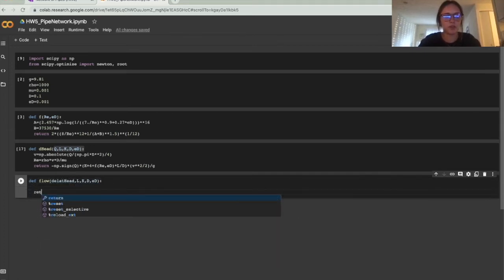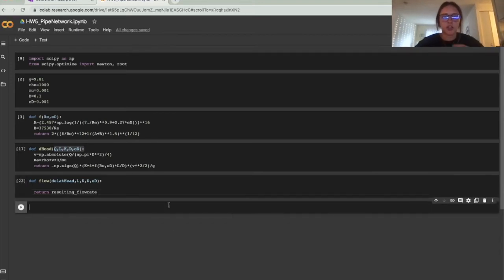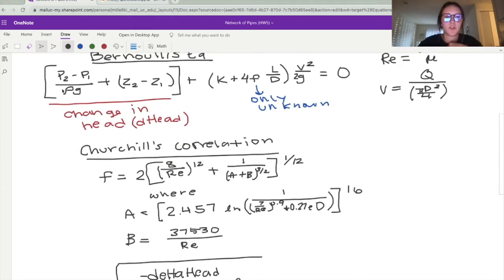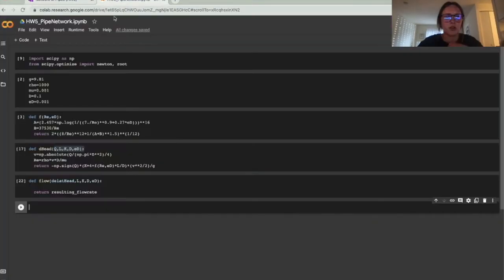And what we want this to return is the resulting flow rate. And so for now, we're going to leave this, and we're going to make another function, and this is going to help us find the function going to 0. So we want this whole equation to go to 0.